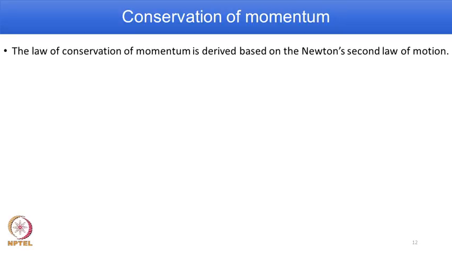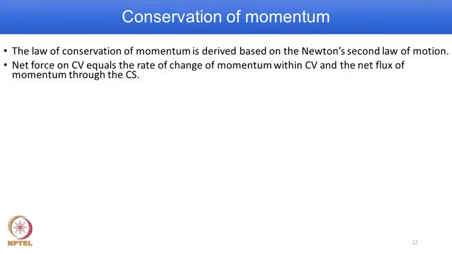So, the next equation: we said we will do three equations, conservation of mass, conservation of momentum and conservation of energy. The second important equation is conservation of momentum, which is based on Newton's second law of motion, F is equal to ma. Like we did for mass, here also we need to consider an elemental volume, find the net force acting on the control volume, and then the net momentum flux crossing the control volume.